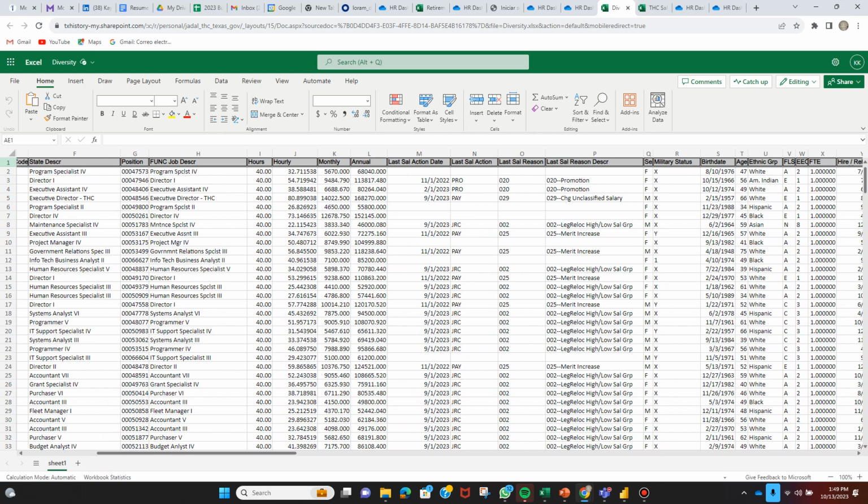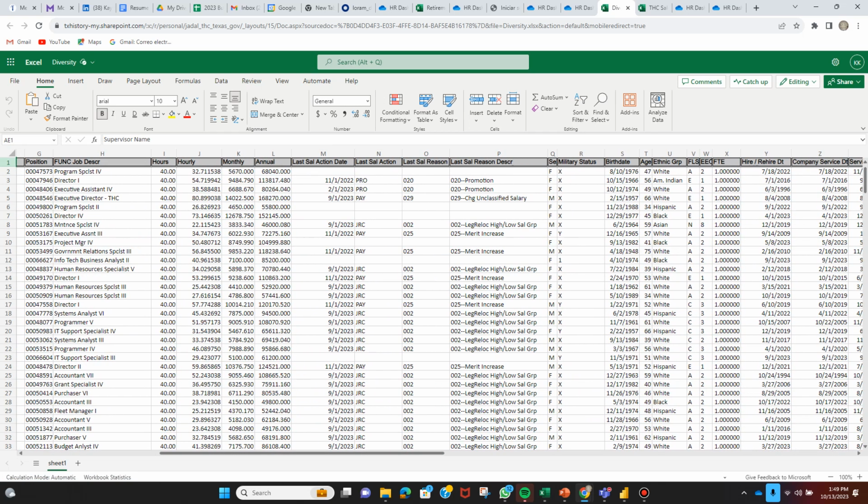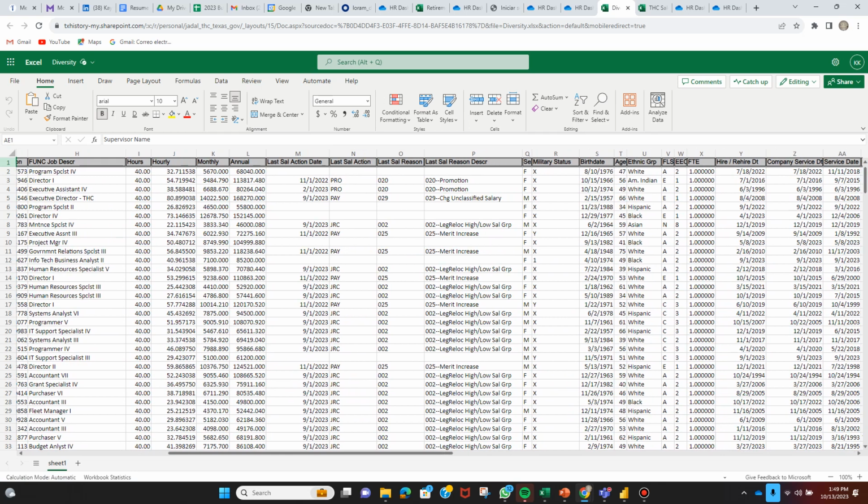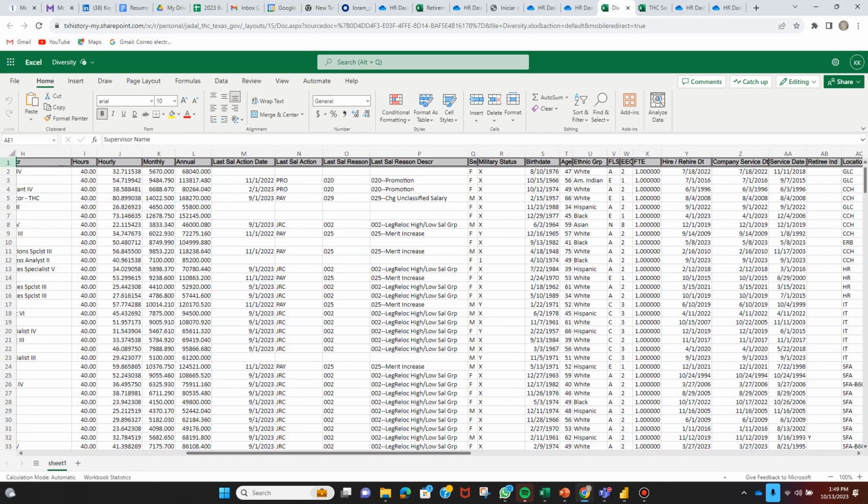So this has a lot of data. This is everybody that's currently on payroll. I took out their socials and stuff like that, but this has their last salary action, their hourly rate, if they have veterans preference, which is column R, their birth dates, their age, which the birth dates calculate, and then ethnic group for diversity to kind of capture.